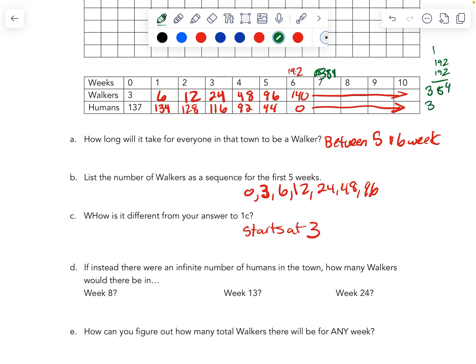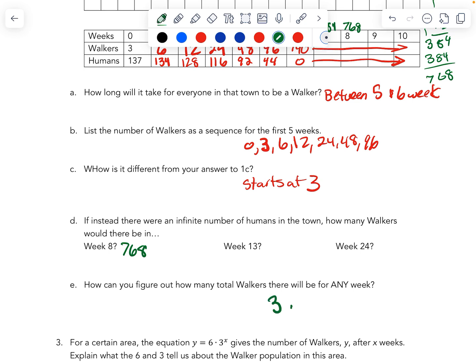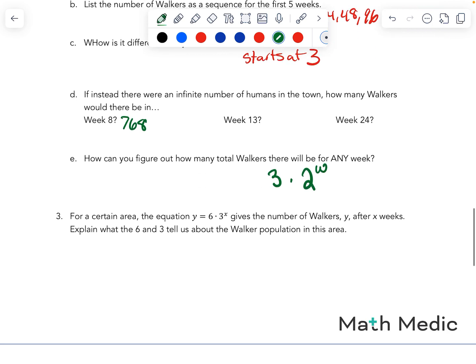If I double 384, 768. We could keep going, but I want to figure out week 24. How could I figure out any week? Well, I start with 3 and multiply by 2 each week, raised to the number of weeks. So we could easily plug in our number of weeks there.